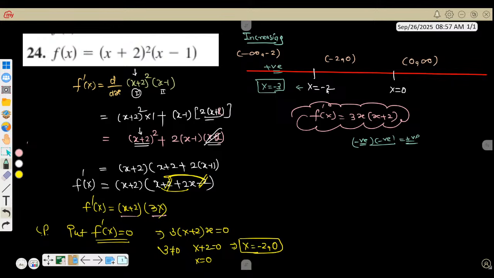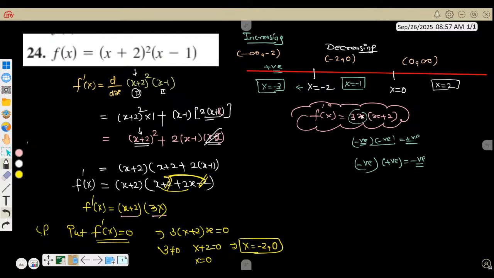Now choose any number between -2 and 0. So let us suppose x is equal to -1. When we plug in -1, this part becomes negative and this part positive. So the derivative is negative. So it means in this interval, my function is decreasing. And now choose any point greater than 0. So let us suppose 2.